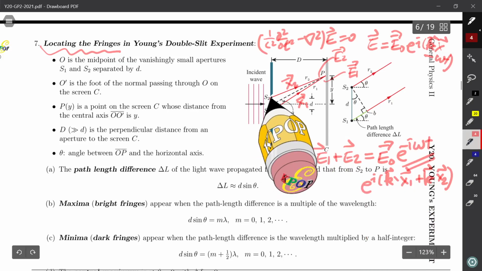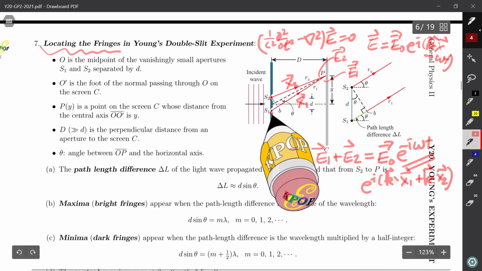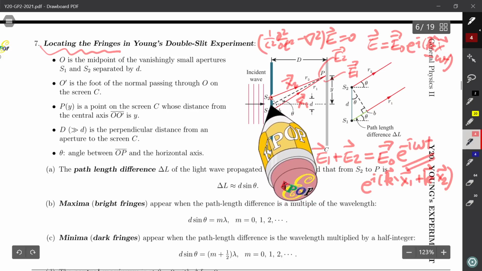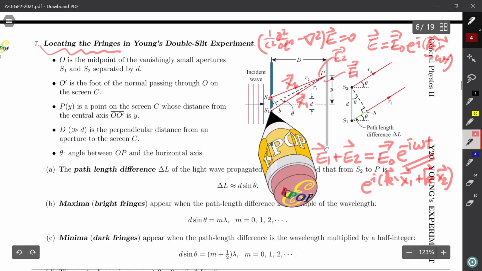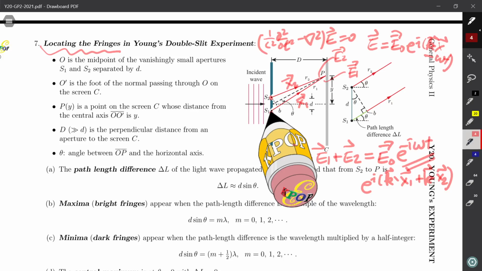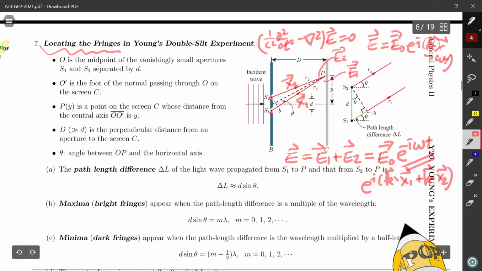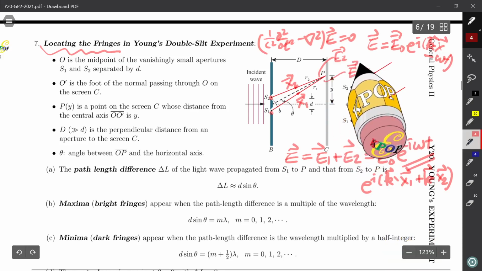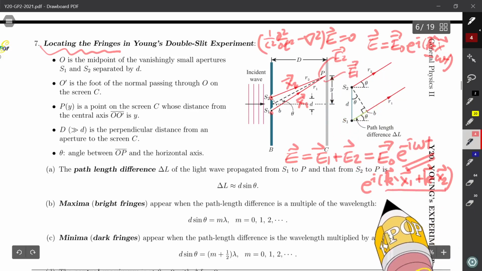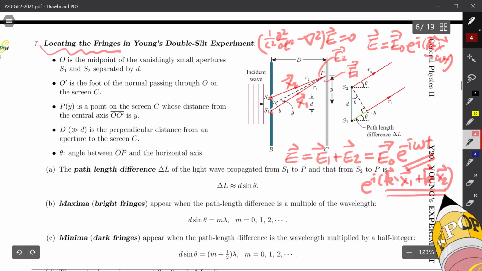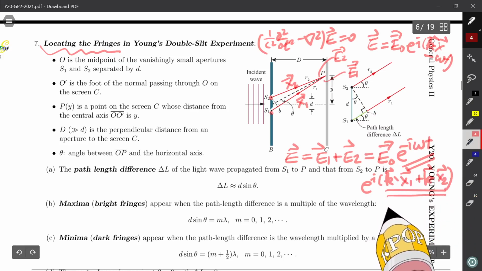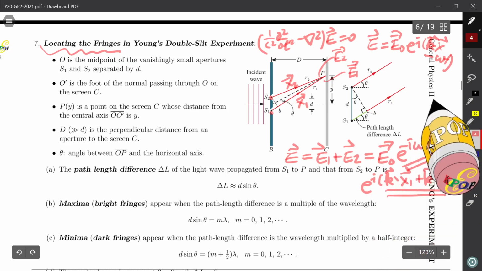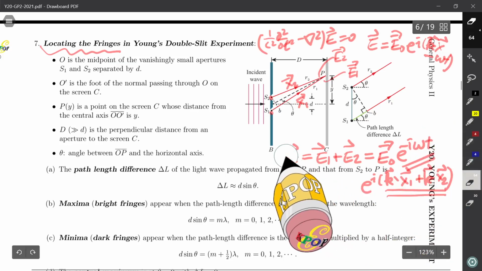Because these two waves are equal at the two points, there is no difference at all. Therefore, the phase difference of the two electric fields E1 and E2 comes from this part. Let us look into the path difference of the two waves more closely.